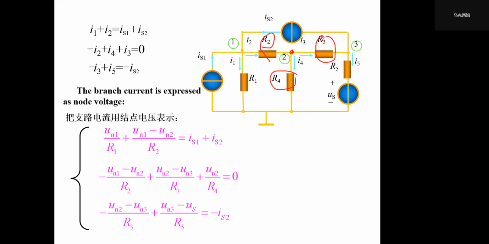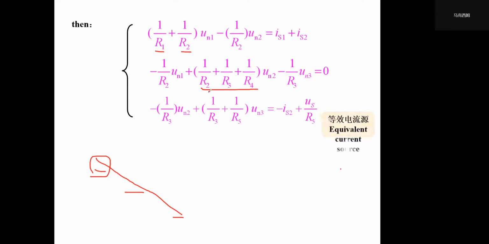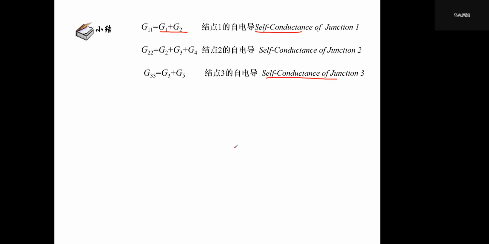Three resistors are connected to it, and we know that the reciprocal of a resistor is the conductance. So G2, G3, G4, right? Do you follow? And also we can see G33 is G3 plus G5.